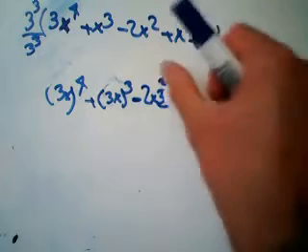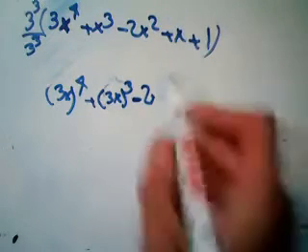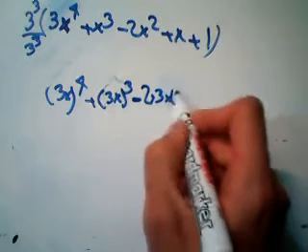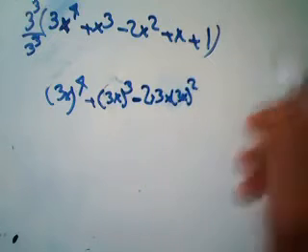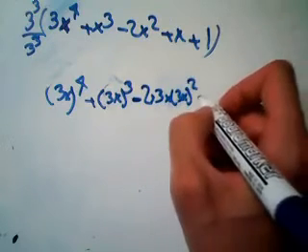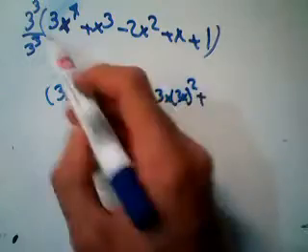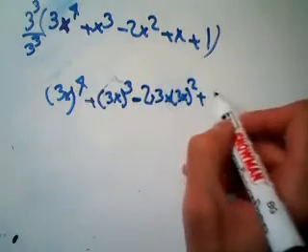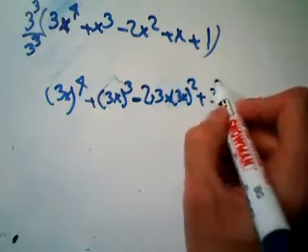That would be 3 times (3x) squared, plus 3 cubed x.